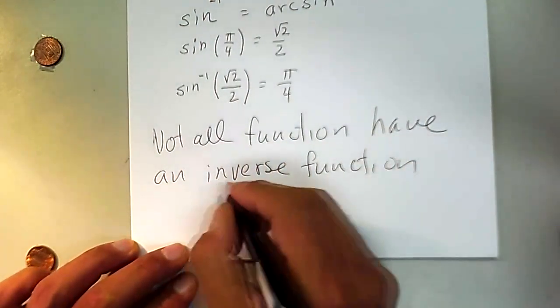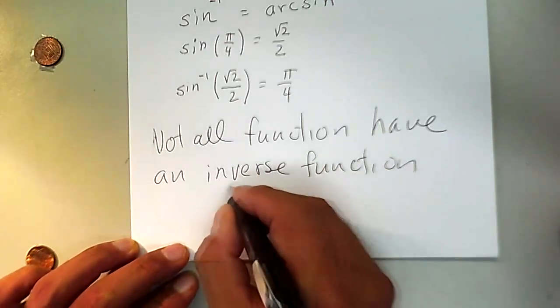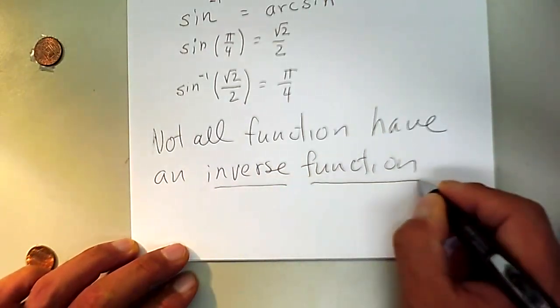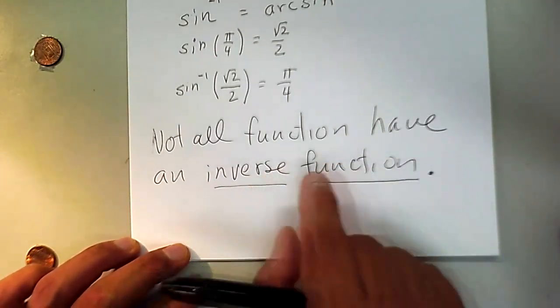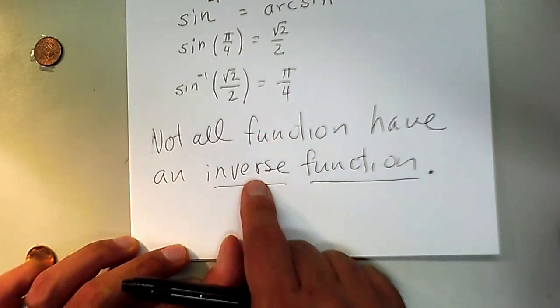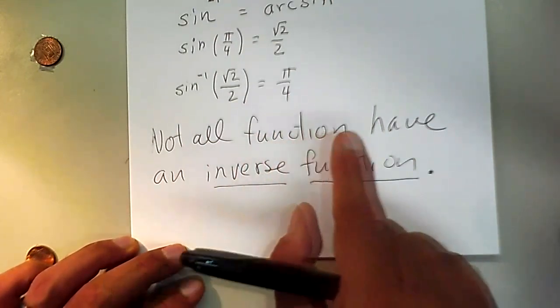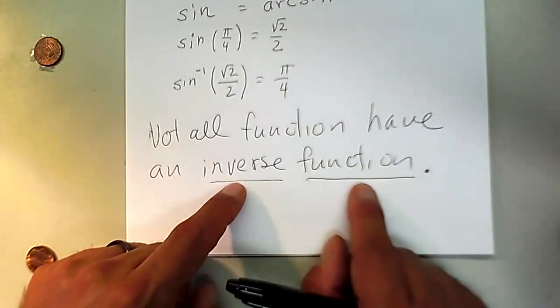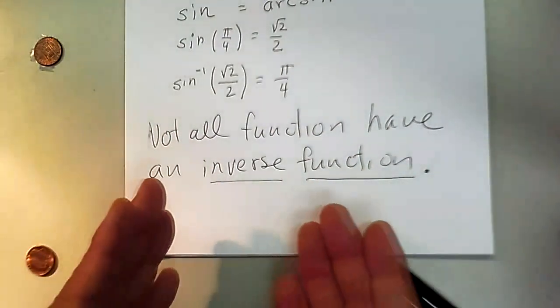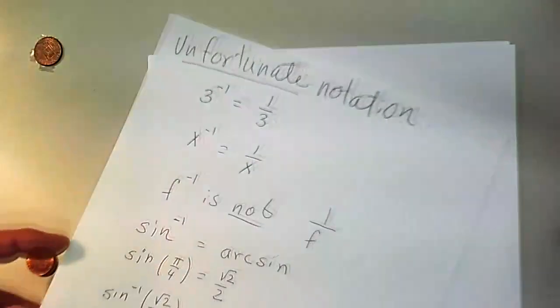Now the key here is in the two words, inverse function. All functions have an inverse relation, but the key is not all of them have an inverse function. And so we're going to focus on the inverse function. What I mean by that is, actually, let me give you an example.